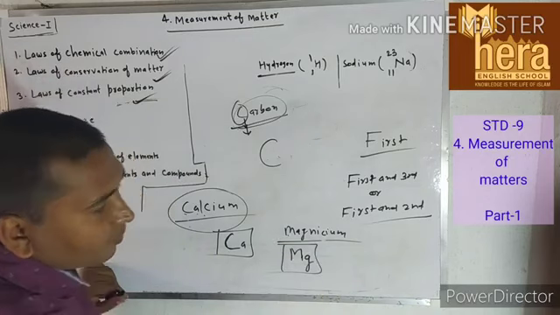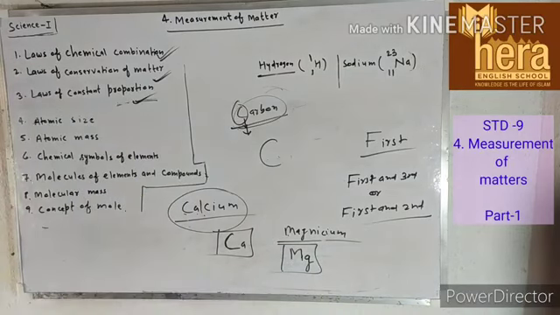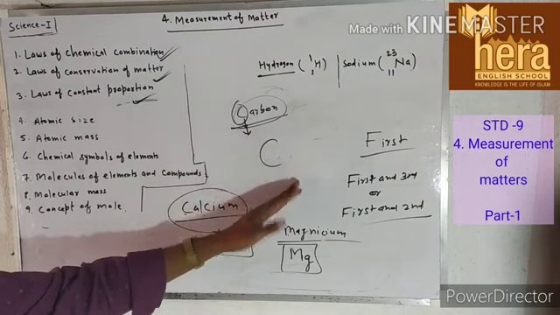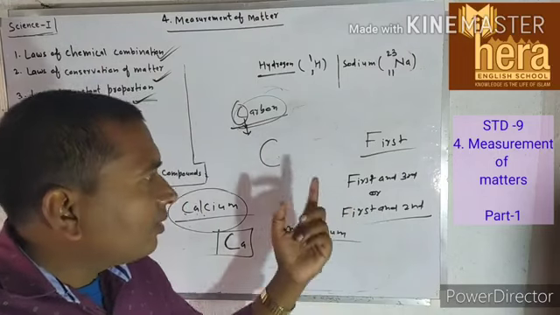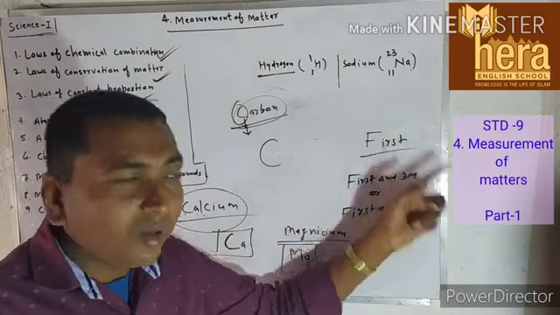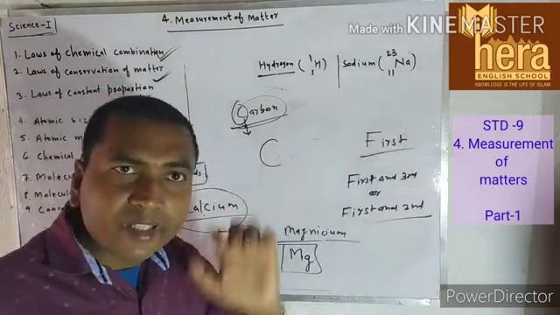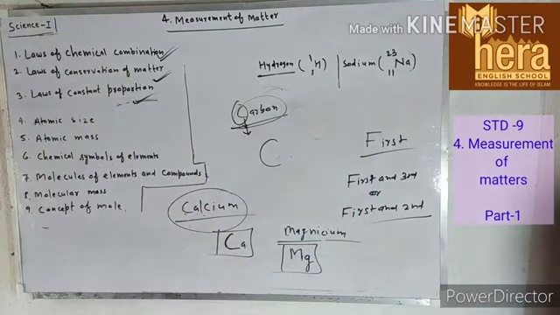The symbol of magnesium will be Mg. Understood? So in the IUPAC name system we prefer either the first letter, first and second letter, or first and third letter. The first letter we always take as a capital letter. Okay?